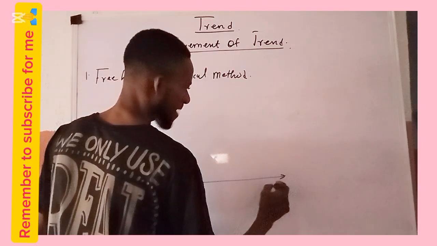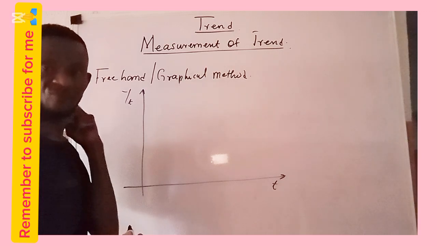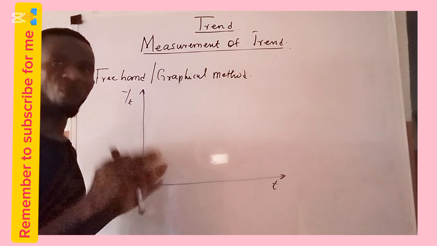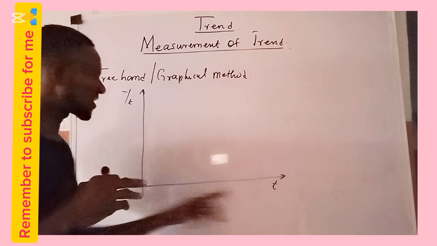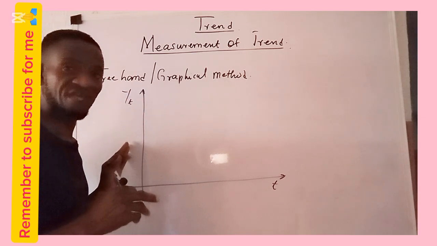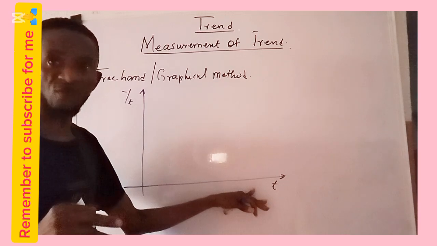Here you are talking about t, that is now the time. The first step said that we should plot the time series observations against time. These are the time series observations on the y-axis, and time on the horizontal axis.